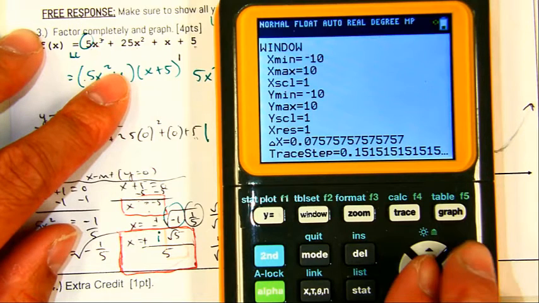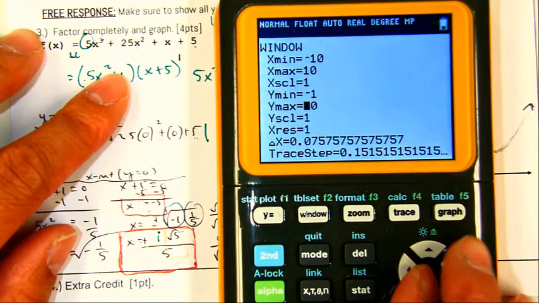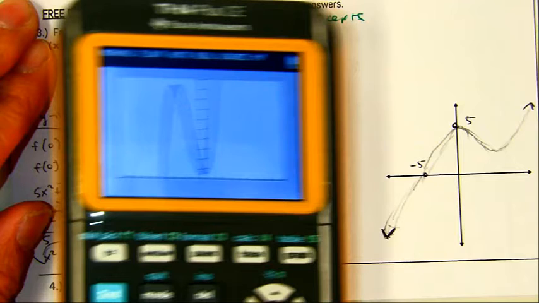So y, do like -1, and maybe this is 100, and then count by tens, graph. Okay, so now we got something a little more accurate, but at least by hand we kind of had a good idea what the graph looked like.